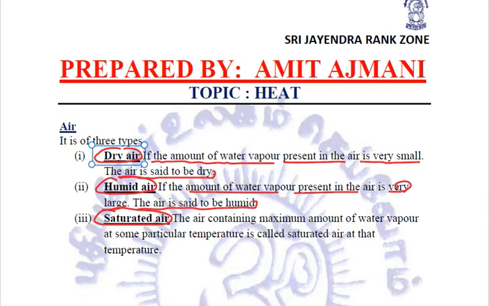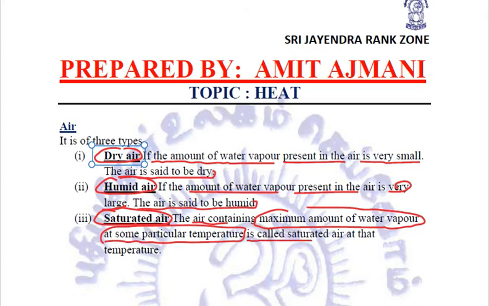And the next is saturated air. Now what is this saturated air? The air containing the maximum amount of water vapor at some particular temperature is called saturated air at that temperature. It is saturated.